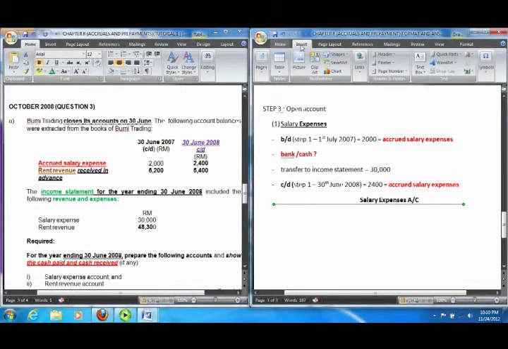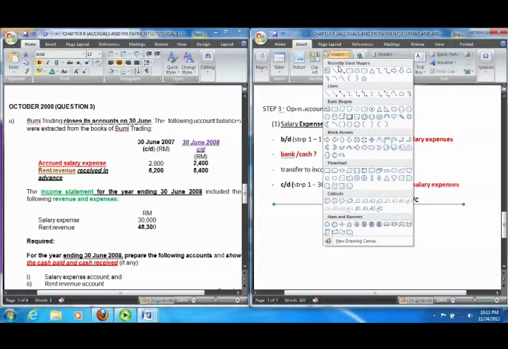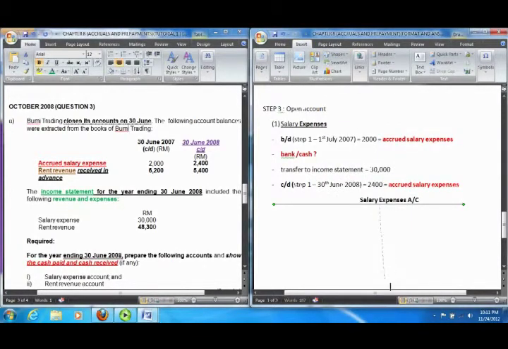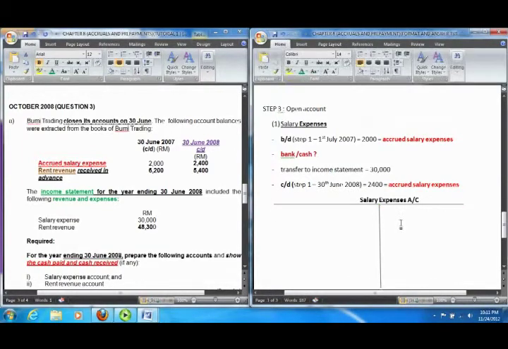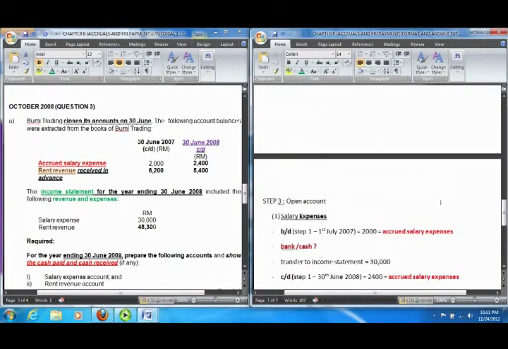Okay, class. Salary expenses account. Okay, now I want to try to apply the format. How class? Alright, never mind.